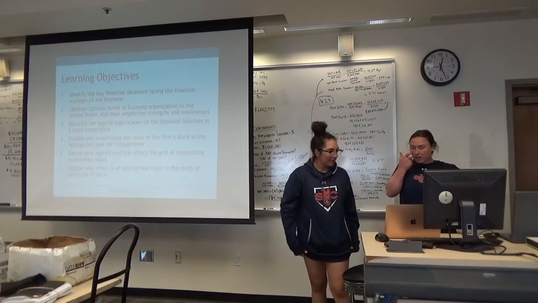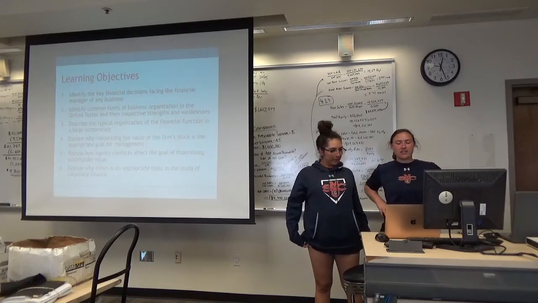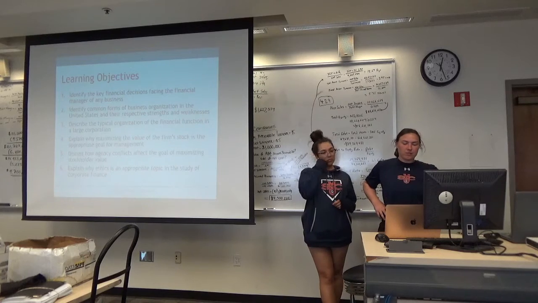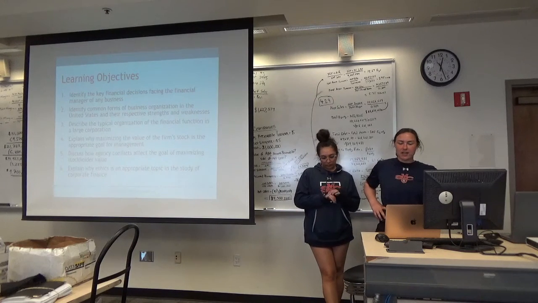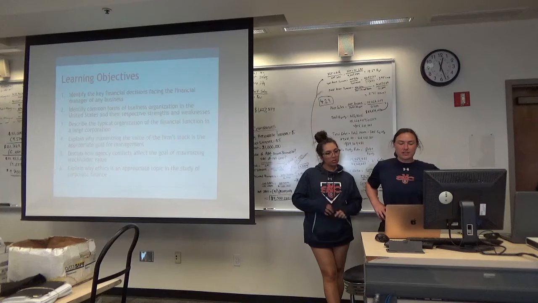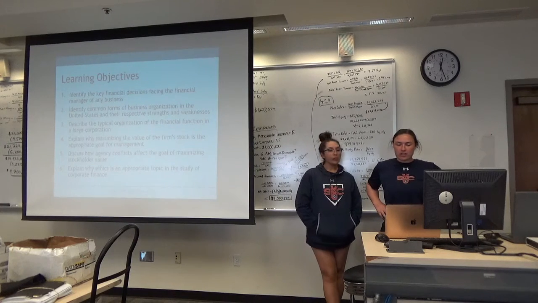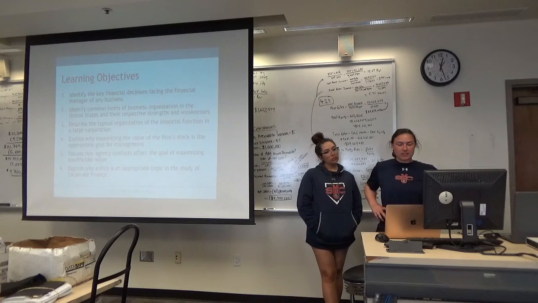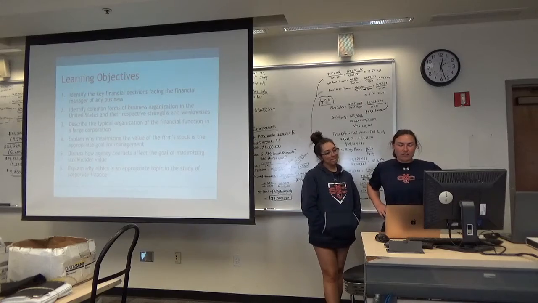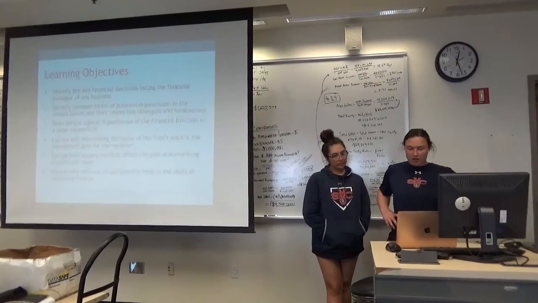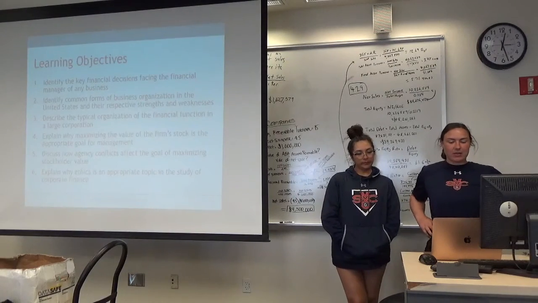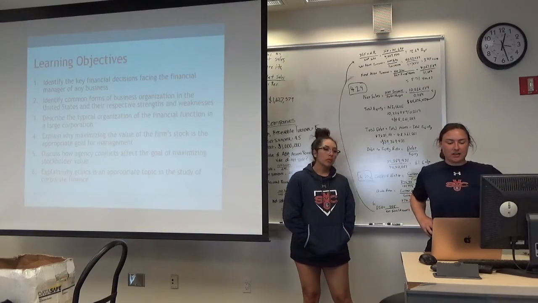The learning objectives are: 1, identify the key financial decisions facing the financial manager of any business. 2, identify common forms of business organization in the United States and their respective strengths and weaknesses. 3, describe the typical organization of the financial function in a large corporation. 4, explain why maximizing the value of the firm's stock is the appropriate goal for management. 5, discuss how agency conflicts affect the goal of maximizing stockholder value. And 6, explain why ethics is an appropriate topic in the study of corporate finance.